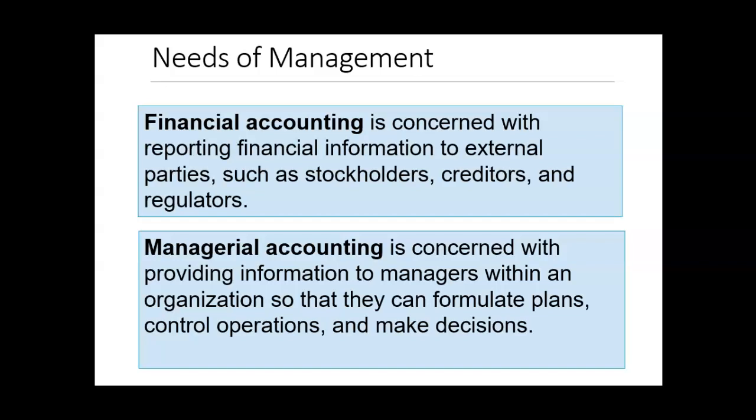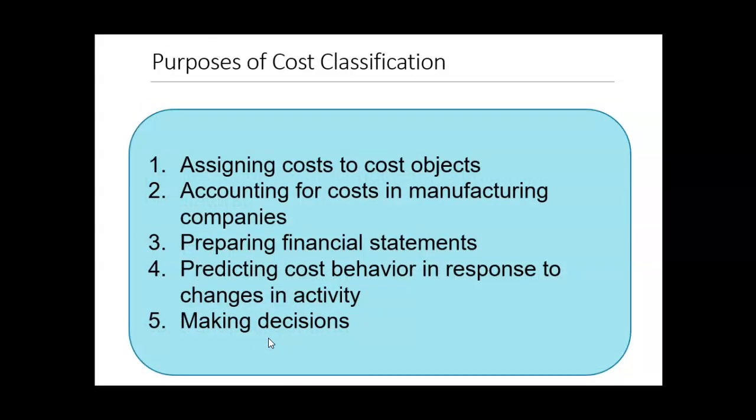Should we make a product ourselves or should we outsource it? We're going to use the information in managerial accounting to control operations and to prepare budgets for planning purposes. In essence, information needed to run the business organization. So there are some different types of cost classification we're going to talk about. Understanding how we assign costs to what we call cost objects.